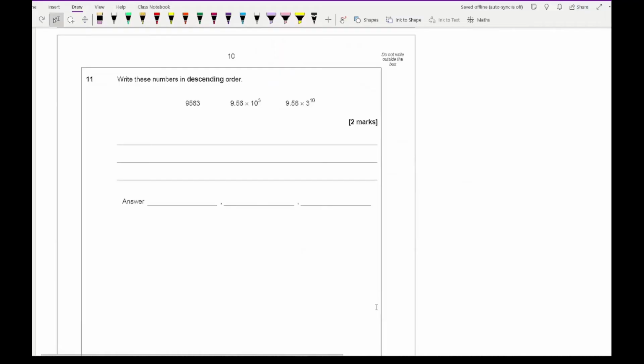Now moving on to question 11, it says write these numbers in descending order, which means basically big to small. And what you want to do is probably convert each of these numbers into what they actually represent. Now that one's absolutely fine. So this one is going to be pretty big. It's going to be, well actually it's not that bad.